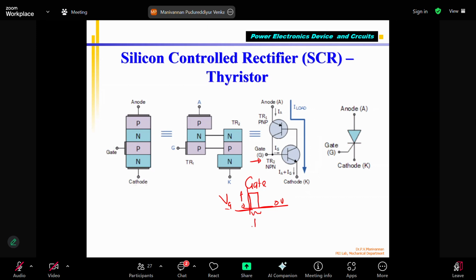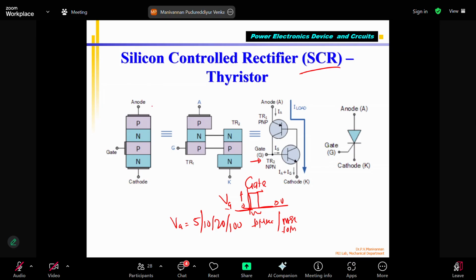The manufacturer says 5 volts or 10 volts, whatever the voltage, or 20 or 100, depending upon power rating. And the duration is generally in the order of microseconds, sometimes maybe milliseconds.